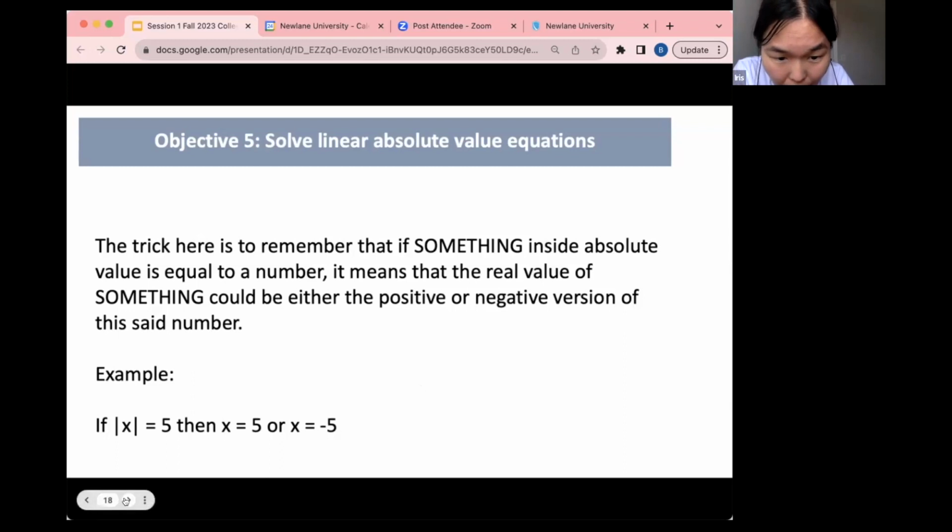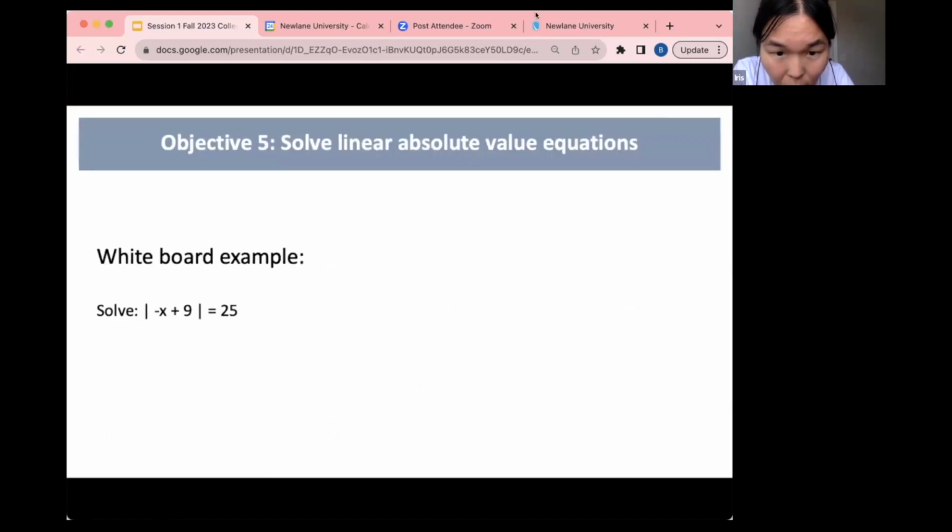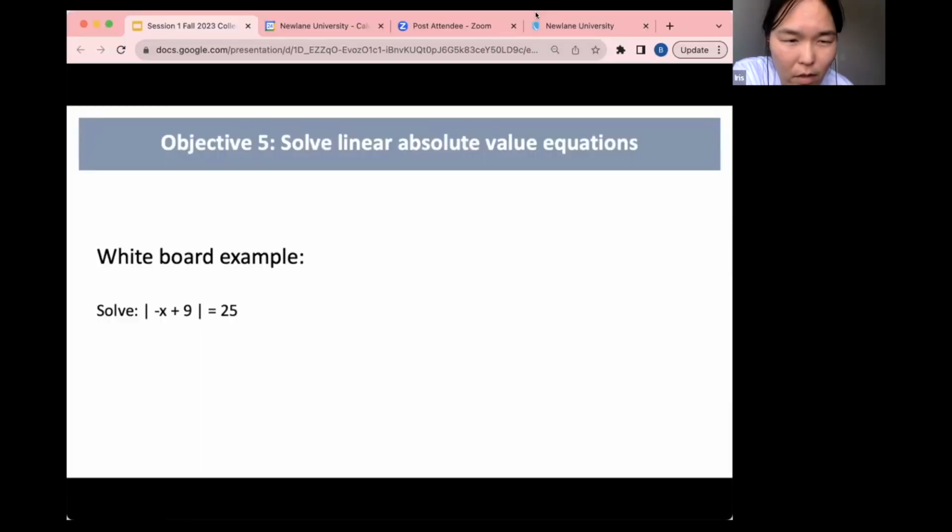Okay, so I wrote a simpler example of how to solve a linear absolute value equation. We have the absolute value of negative x plus 9 equals 25. Let's remove the absolute value.